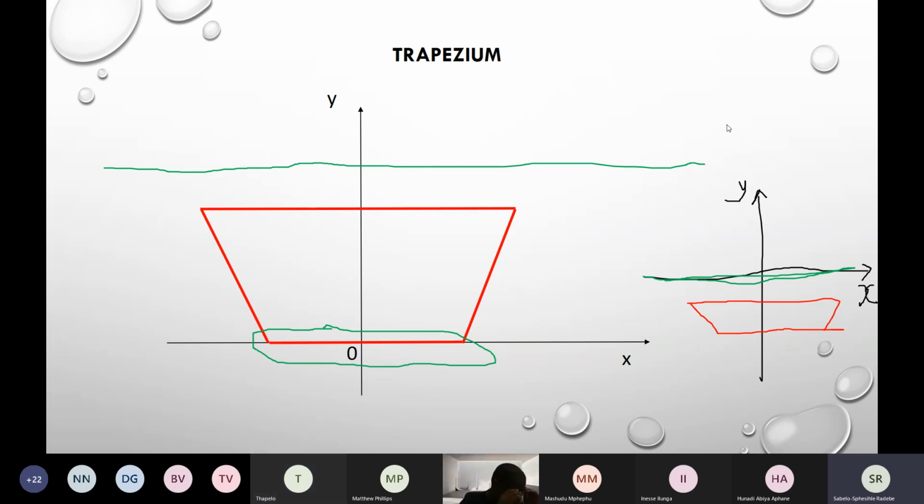Guys, I'm back. So if you look at the diagram, there are two options. You can put your shape above the x-axis, or you can put it below the x-axis. If you put it above the x-axis, your base should be on the x-axis, like I indicated here.